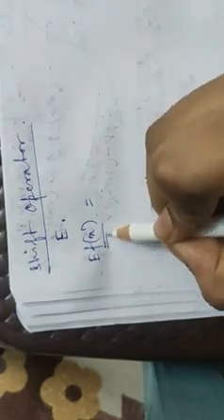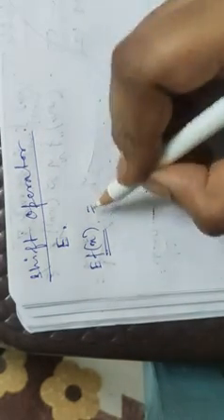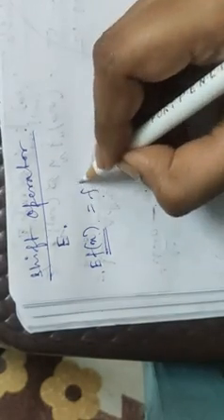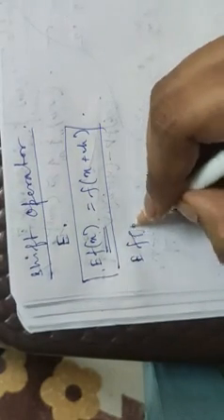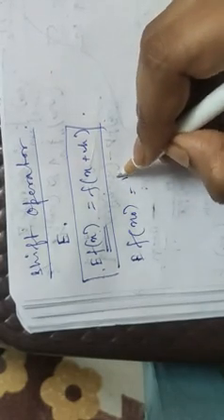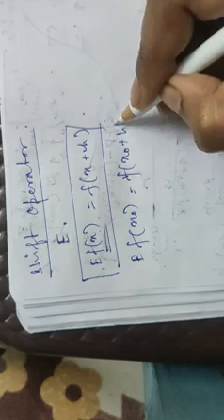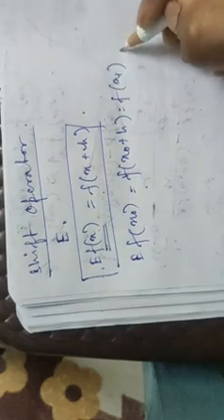From the name it is quite clear that it is shifting something. That means it is just shifting f x to its next value. What is the next value of f x? This is f of x plus h. So E of f x is f of x plus h. That means E of f x0 will be f of x0 plus h, that is f of x1 ultimately.